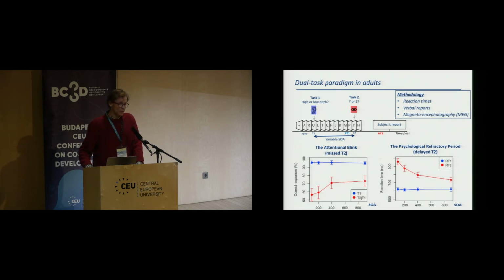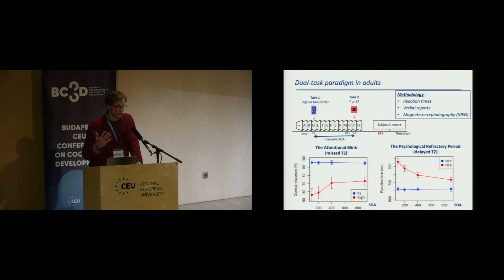And then on the right side, this time looking at reaction time, it's the same for T1. It's the same reaction time for every SOA. But when you look at the red curve, there is a sharp increase in reaction time for short delay, for short SOA. And that's what we call the psychological refractory period.